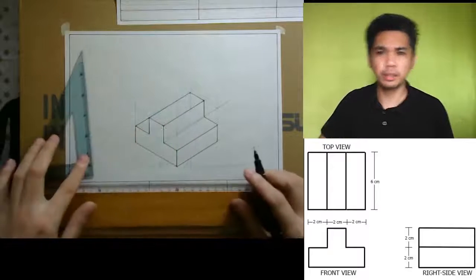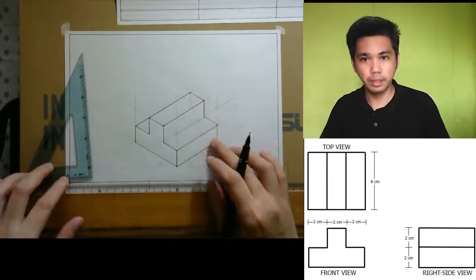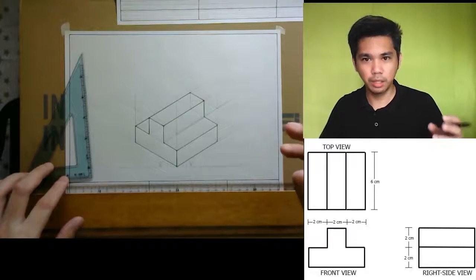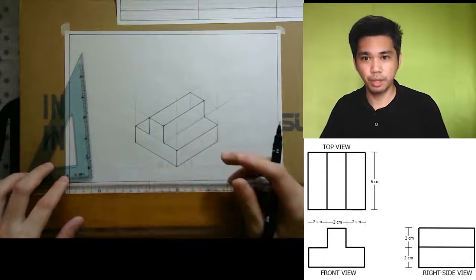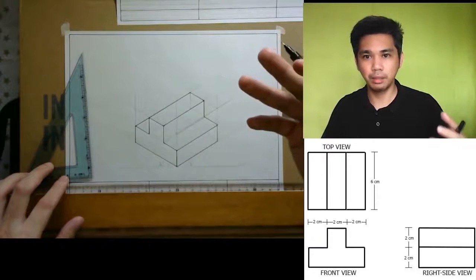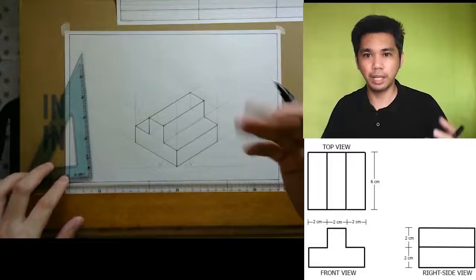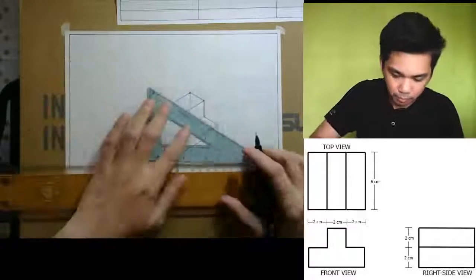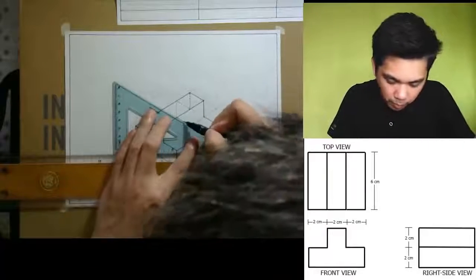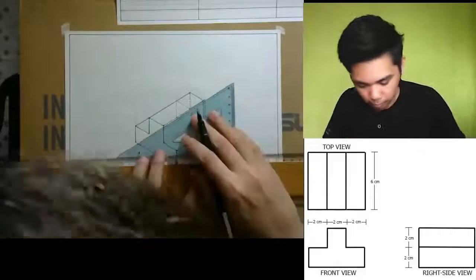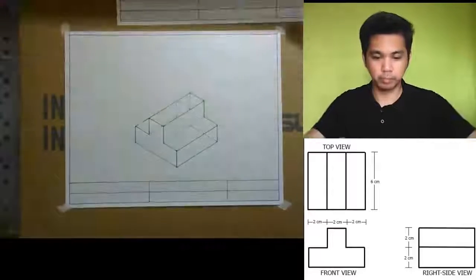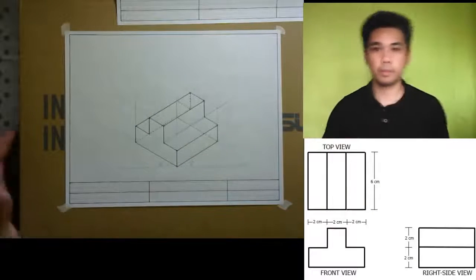And by the way, if you will notice on the back side, it looks the same as the front. Our front looks like an inverted T. So it is only logical that the back side should also look like an inverted T. So there we go.